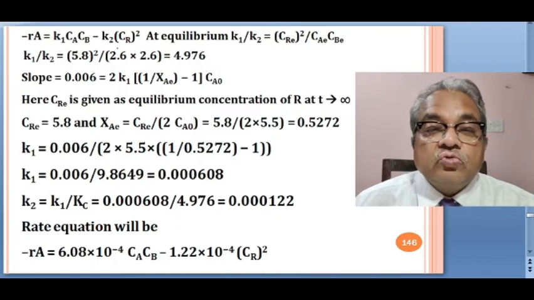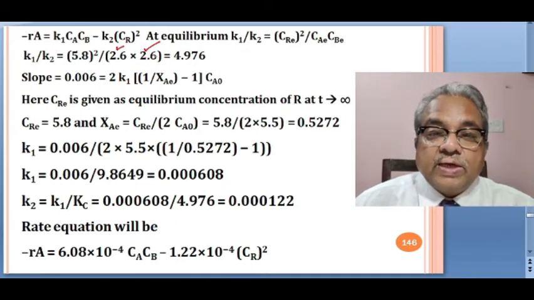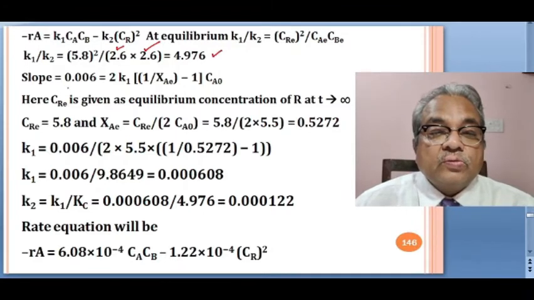So CaE is 2.6 and CbE is 2.6, since the stoichiometry is 1:1 and Ca0 and Cb0 are the same. So you can write it as CRE squared by CaE squared. So this K1 by K2 value is 4.976.